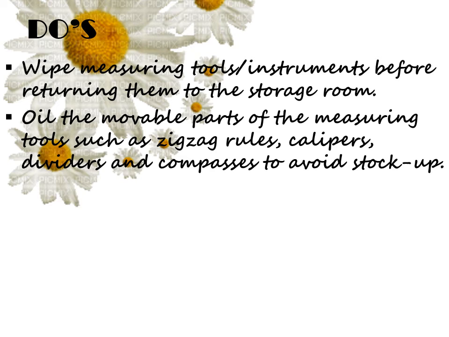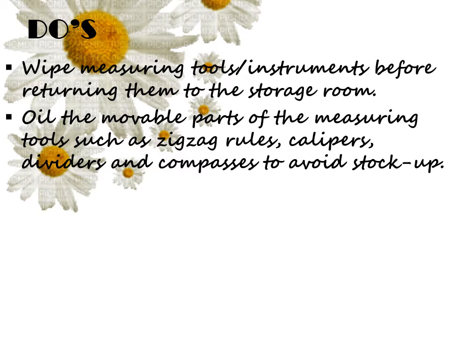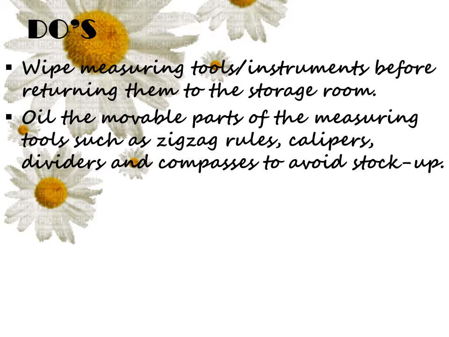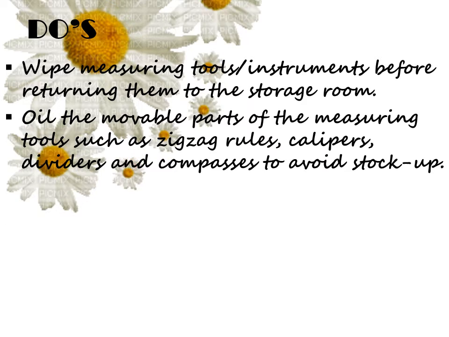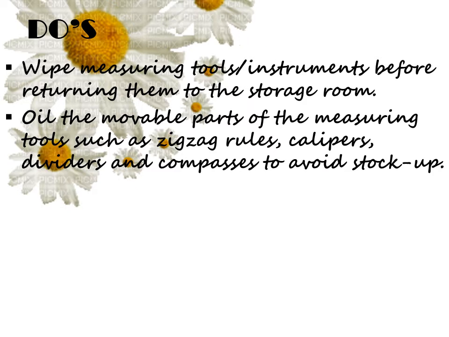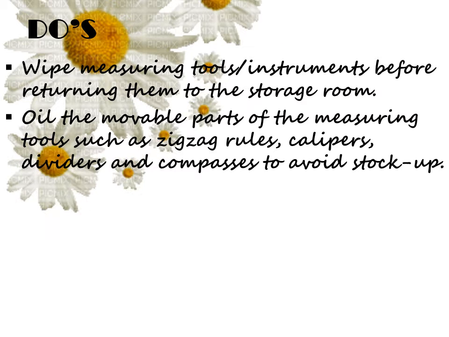Next, oil the movable parts of the measuring tools, such as zigzag rules, calipers, dividers, and compasses, to avoid them getting stuck. After using the mentioned tools, you need to apply some oil for it to be functional on the next task.